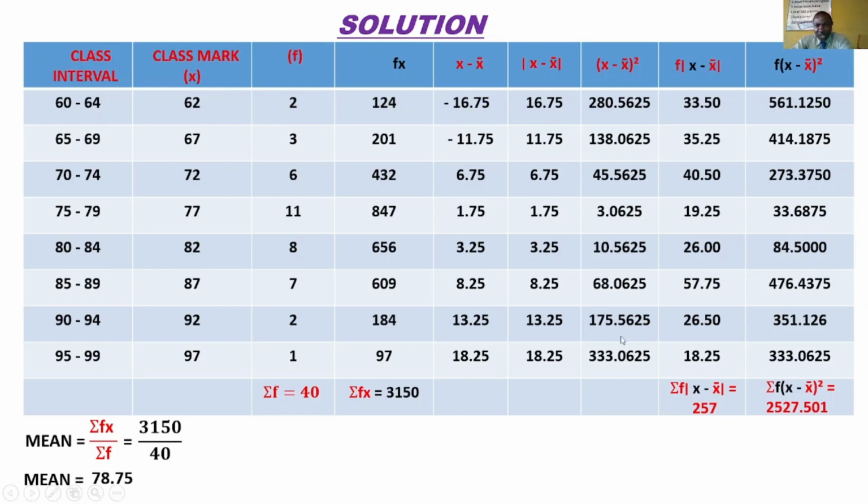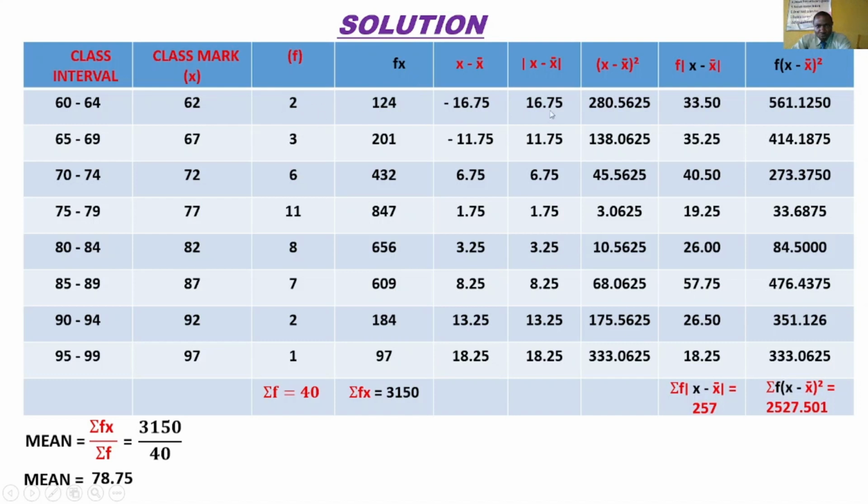Once these values are determined, it's now time for us to find our f times the absolute of x minus x bar. Remember we said this x bar connotes our mean. So your f times all these values is what gave us all this. What we are doing is multiplying these values of f along this column with all the set of values that we have here.